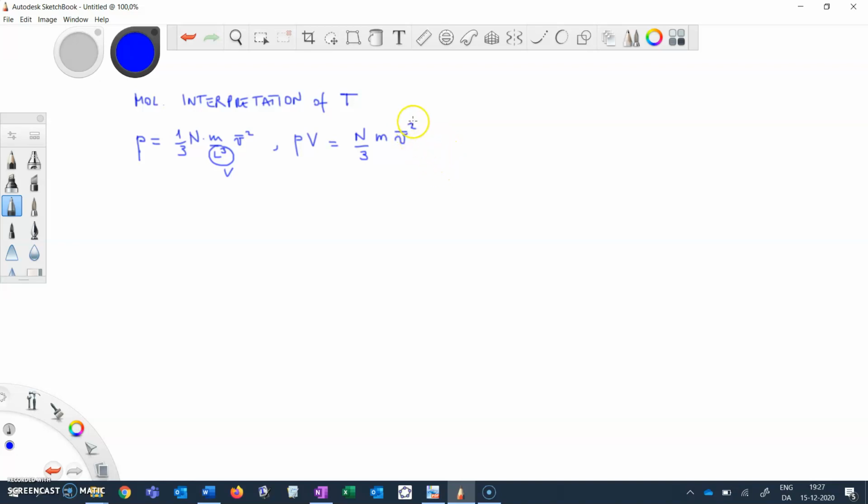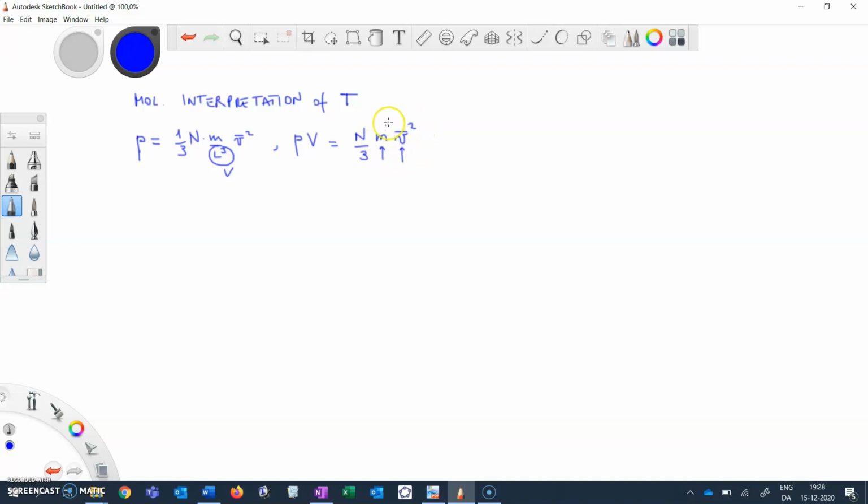Now I'm going to do some algebraic steps in order to have the kinetic energy on the right. Why the kinetic energy? Well, because I already have the mass and the average speed squared of the molecules, and therefore it's very useful to relate to the average kinetic energy of the molecule.